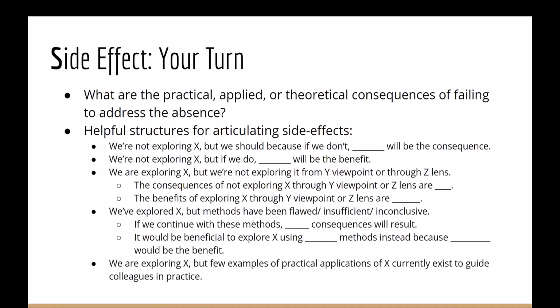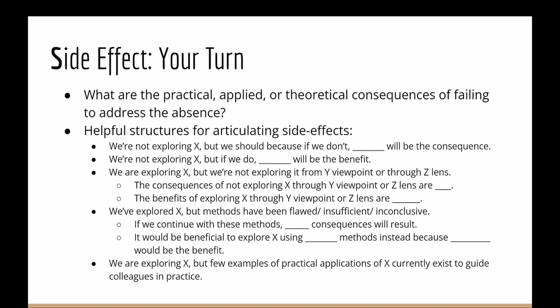So again, maybe we're not exploring a particular topic because if we don't, there will be particular consequences. Maybe we're not exploring it from a particular viewpoint or with a particular population, and that is going to have specific consequences. And on the flip side, if we do, that's going to have particular benefits.